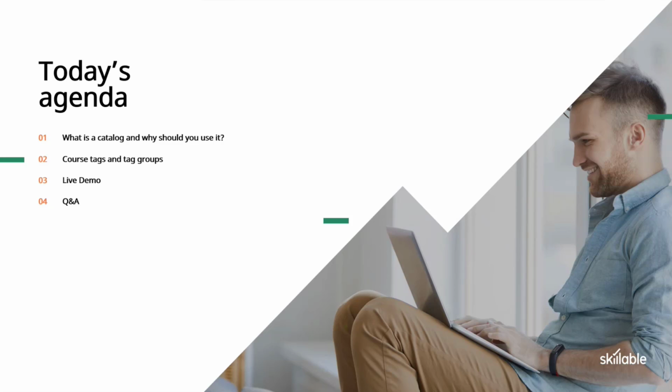Plus, we'll take a live view of the course catalog in production. Then we'll look at some other features that can help you design and build out your own catalogs, and finish with Q&A. If we have no questions, I'll look at a couple of features that we didn't discuss that you might find interesting.